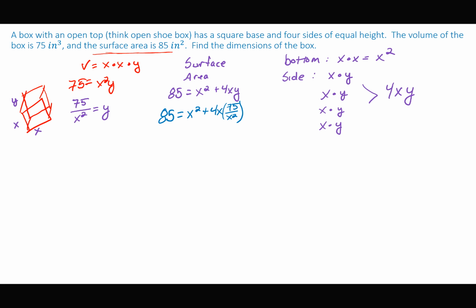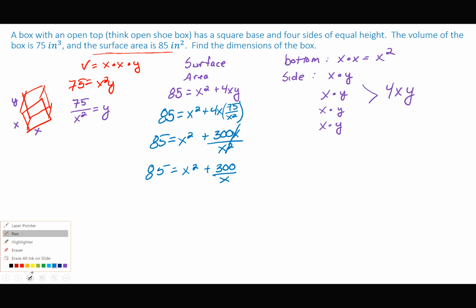All right, so let's do a little manipulation with this. 85 will be equal to x squared plus, 4 times 75 would be 300x, all over x squared still. Well, I can get rid of an x on top and one of my x's on the bottom. So I have 85 equals x squared plus 300 over x.